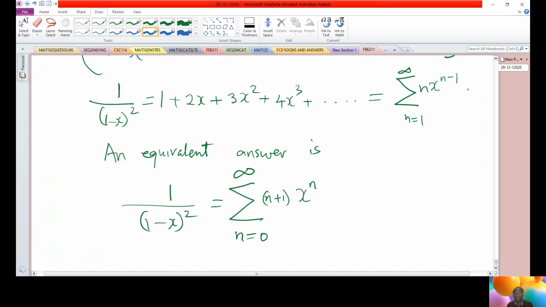To shift the limits of summation, say let k be n minus 1, so n will be k plus 1. When n is 1, k becomes 0. So we have k from 0 to infinity, where there's n you put k plus 1, and where there's n minus 1 you put k, and then you just rewrite this new summation in terms of k, replacing k for n. You get this.